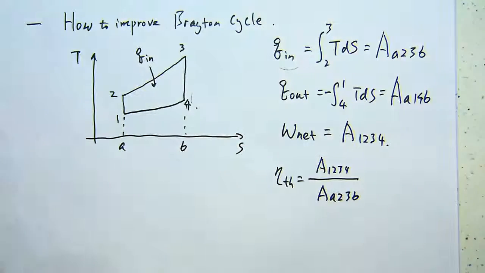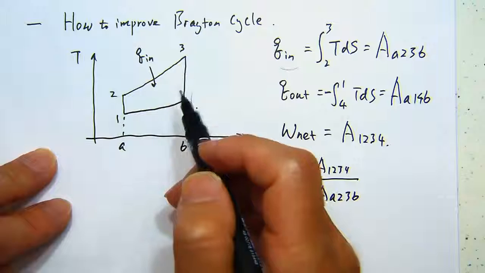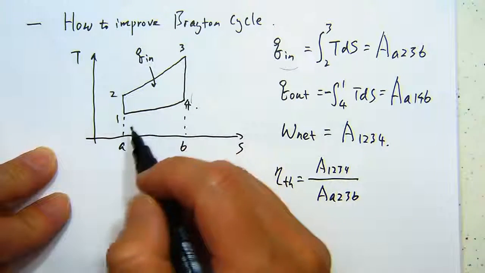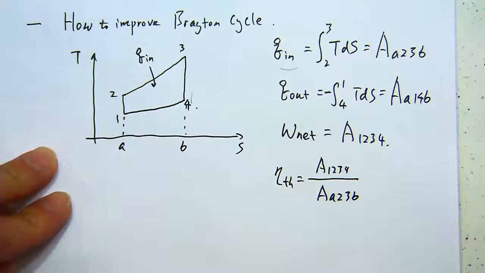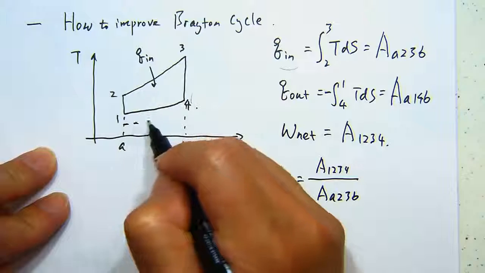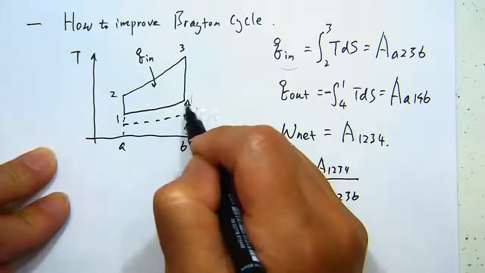So if we want to improve the efficiency, we want to enlarge this work area and do something to achieve that target. Basically there are 2 ways we can do that. One is if we can lower this lower curve, all right?